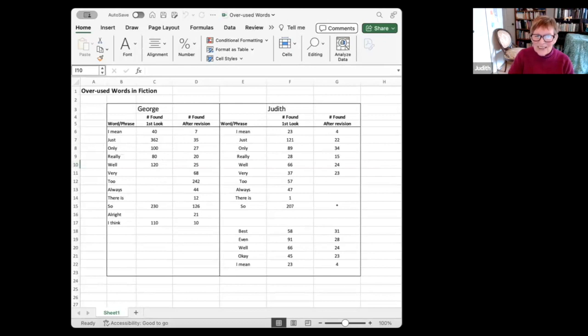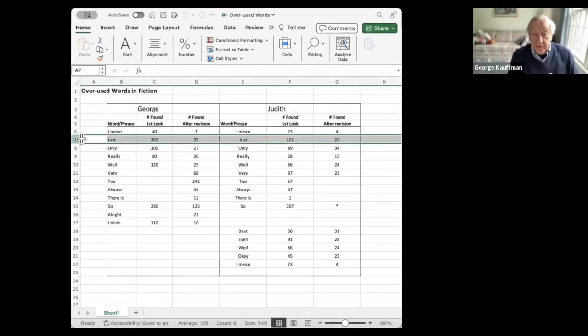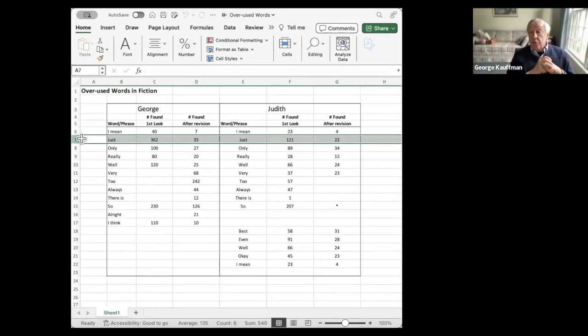On first looking, we would find certain numbers of things. Let's start with just. 362 I found in my 80,000 word manuscript. I can mention later, I did go through the whole process word by word and choose which ones to keep and not keep.